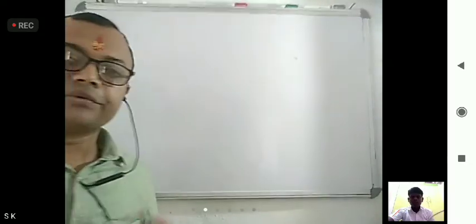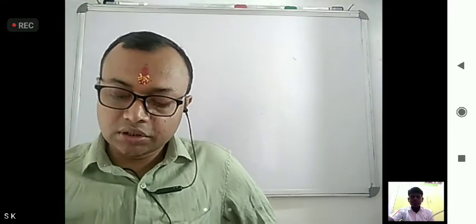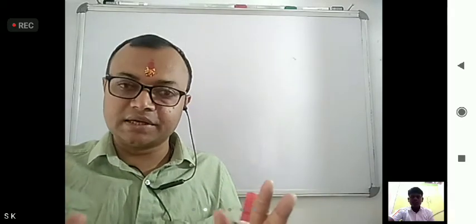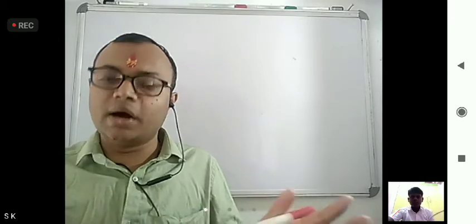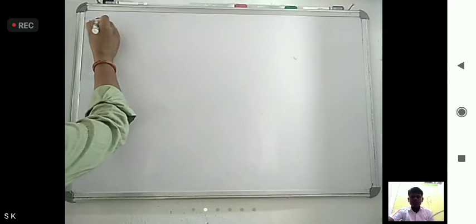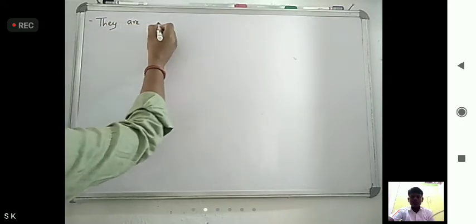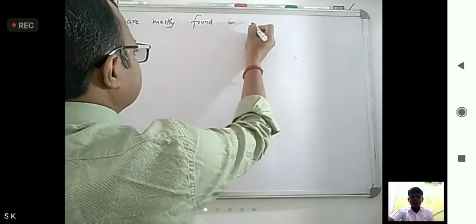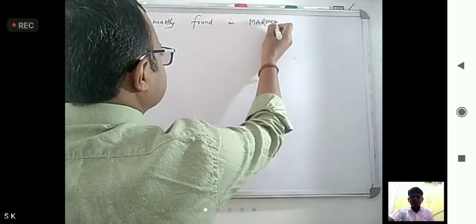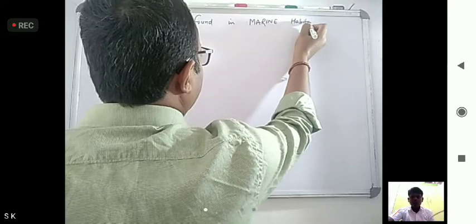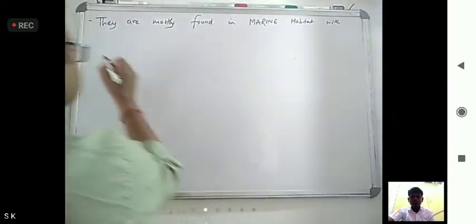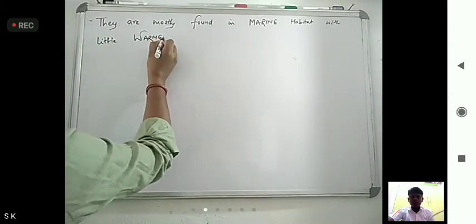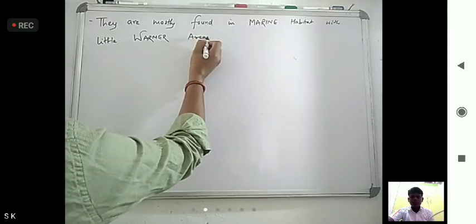What I told regarding this red algae: they are mostly found in marine habitats, with abundance in warmer areas where the water is a little warm.